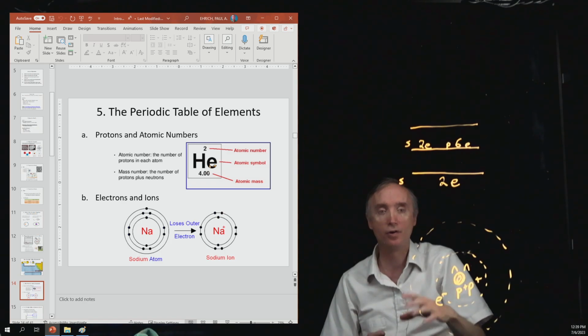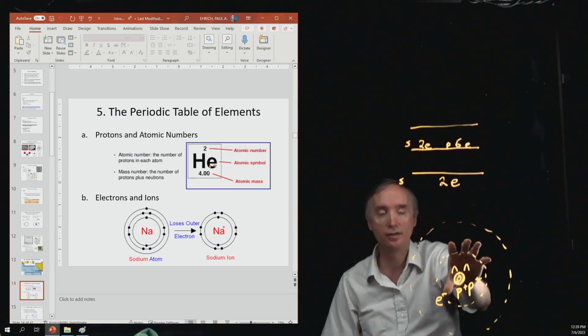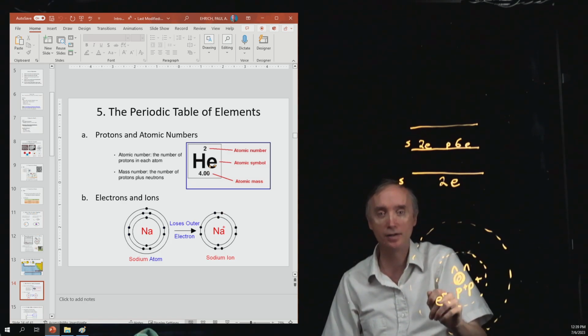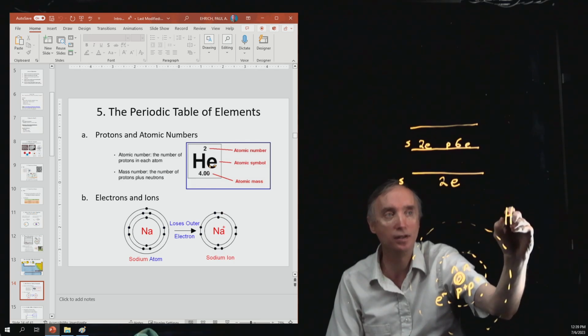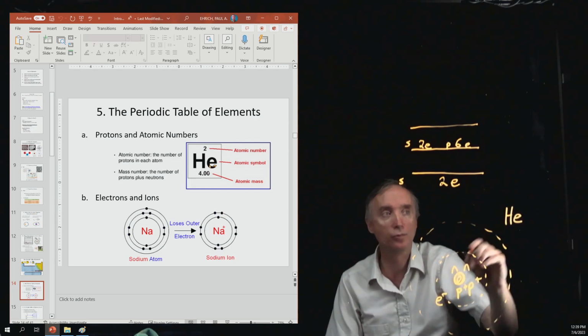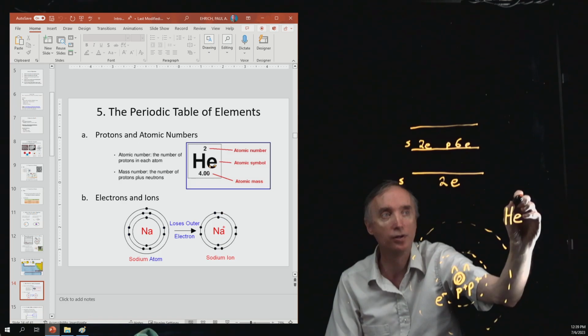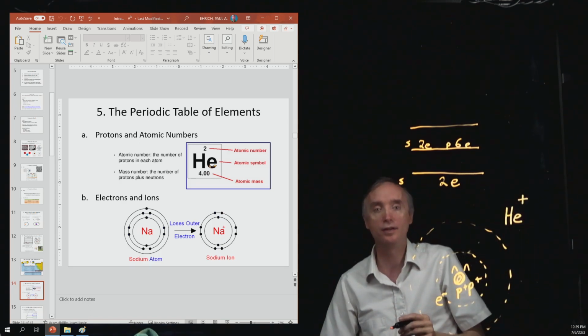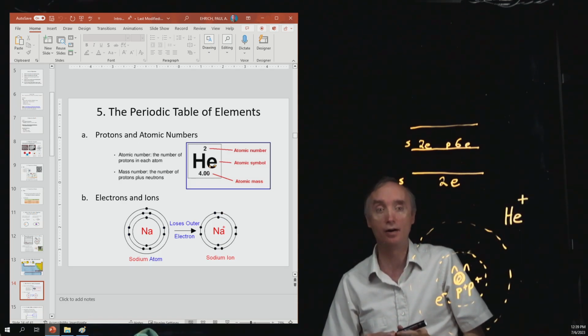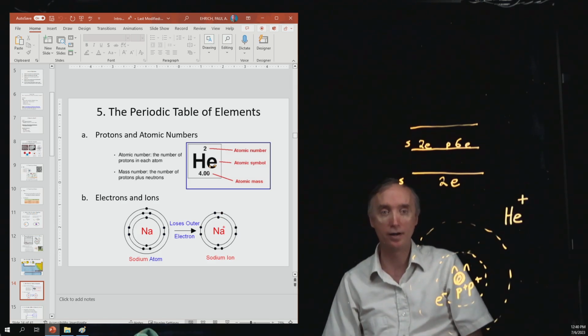So that means that overall, this thing is going to have a positive net electrical charge. So we would say that this thing is helium, and then we're going to put a plus symbol to represent the fact that it is a positive ion. It's been ionized. Got to know what an ion is.